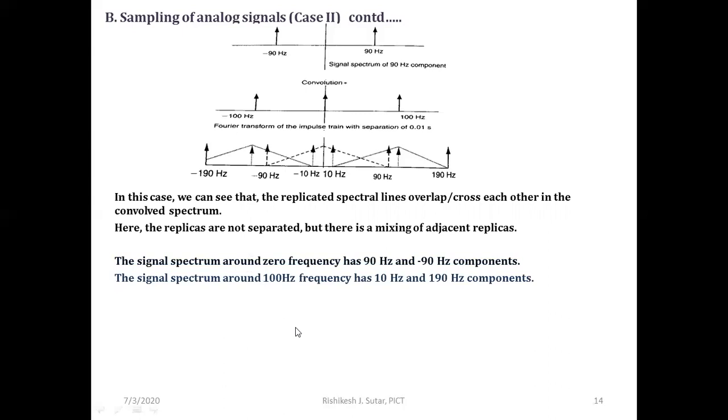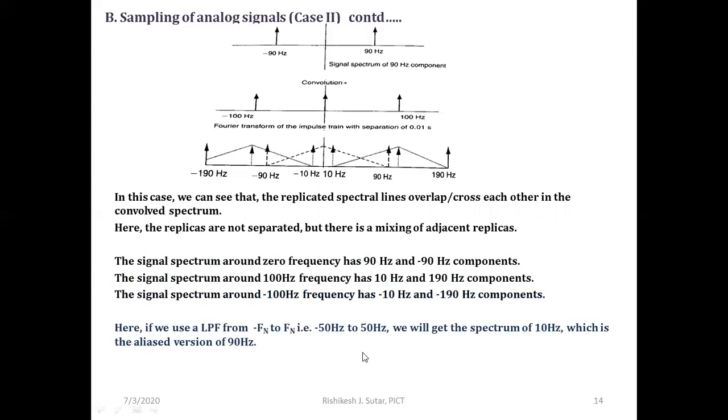The signal spectrum around 100 Hz has 10 Hz and 190 Hz frequency components. Similarly, the frequency spectrum around minus 100 Hz has minus 10 Hz and minus 190 Hz components.